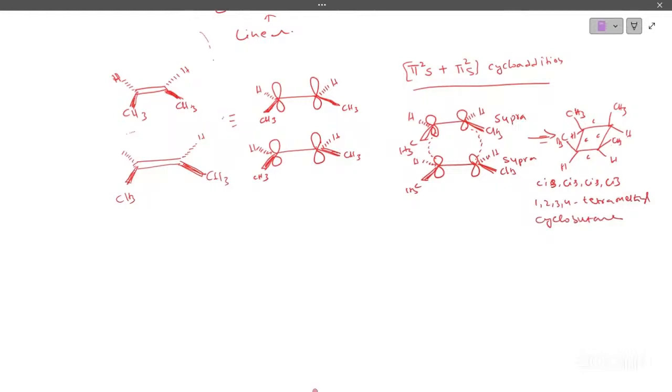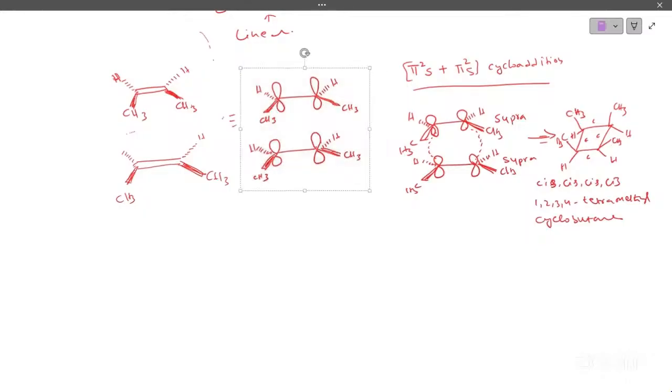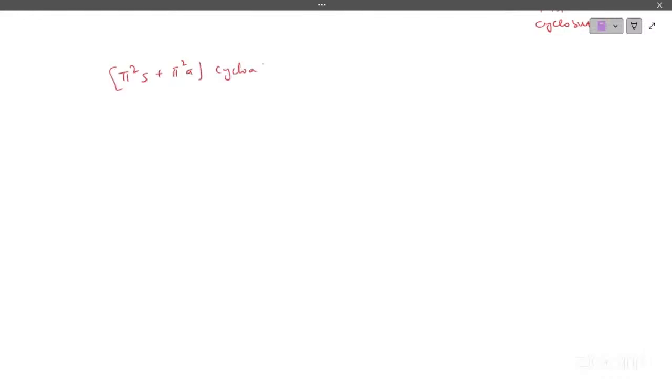Similarly, you can come to the second stereochemical mode. If you observe the second stereochemical mode, it is pi 2s plus pi 2a cycloaddition, that is supra and antara.